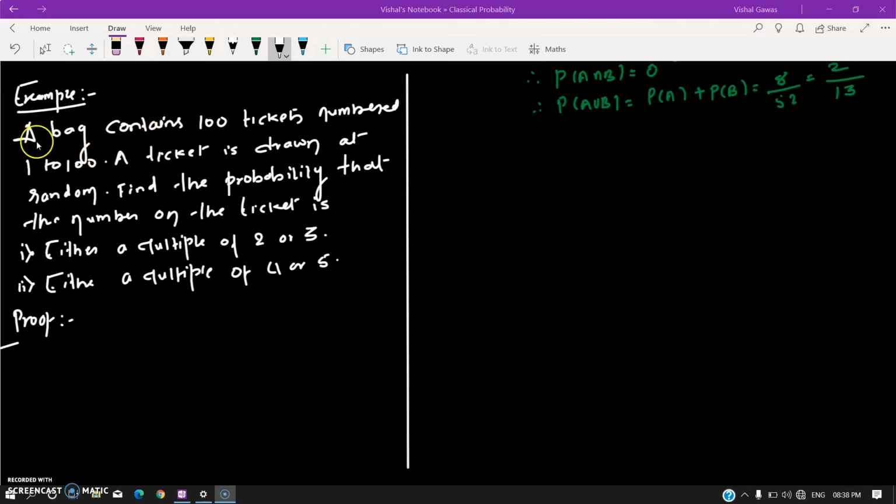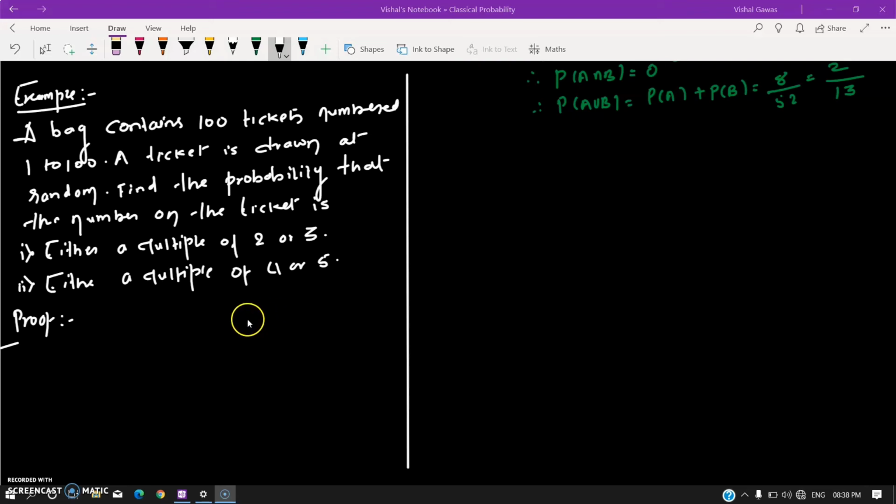First of all, remember that the bag contains 100 tickets and they have numbers on them. Now, let's look at how many multiples of 2 there would be. Every even number from 1 to 100 is a multiple of 2, as in 2 should divide that number.